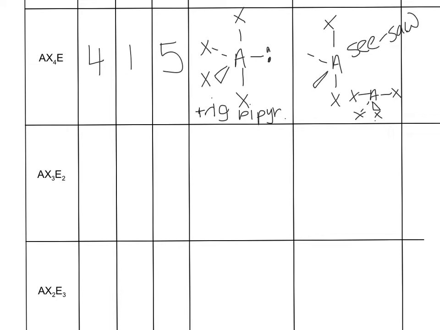It's called a seesaw shape, like a teeter-totter. And an example of this is TeCl4.